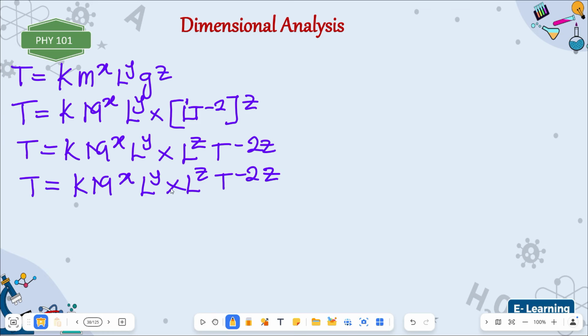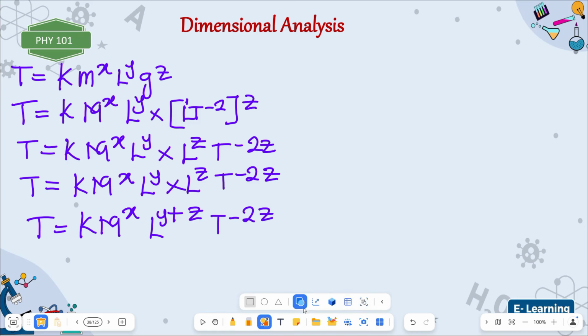Now, at the end of the day, you collect like terms to ensure that this side has only one M, one L, and one T. So you are now going to say T would be K m^x. The bases are equal, which is L. So what do you do to the power? Collect one and then add the power, which is Y plus Z. Then T^-2Z. All right?